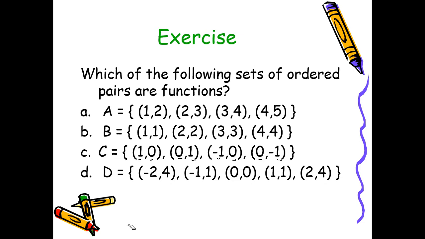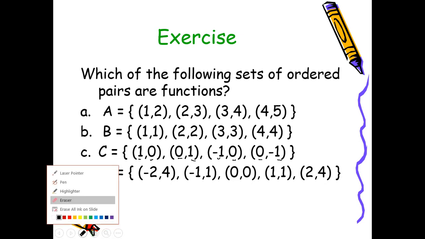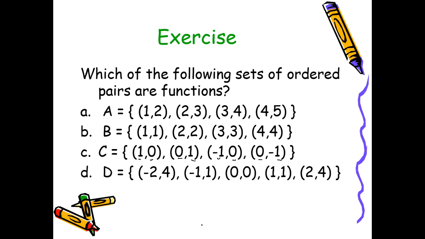Para po dun sa gustong makita yung illustration po niya, try po natin isulat. So we have -2 for the domain, -1, 0, 1, tsaka 2. Pasensya na po sa space. And then for the range, meron tayong 4, isang beses na lang natin isusulat. We have 1, then si 0.